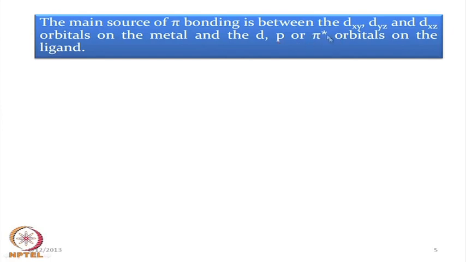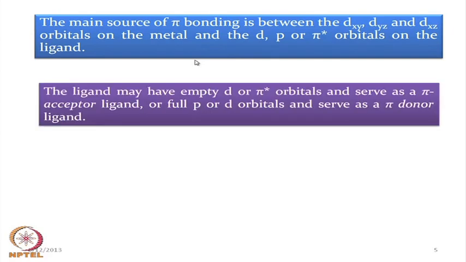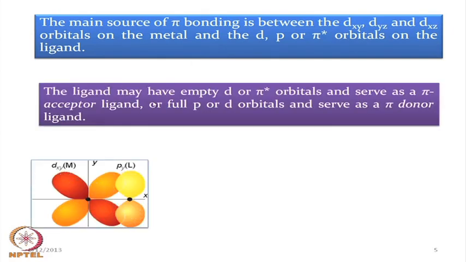Then we have seen that if we have pi type orbitals, then the corresponding pi star symmetry is already there, and this can also be utilized for pi interactions. That means pi bonding can be possible if we have the pi star orbital, that is the lowest unoccupied molecular orbital from the ligand side. So, if the ligand has empty d or pi star orbitals, it serves as a pi acceptor ligand.